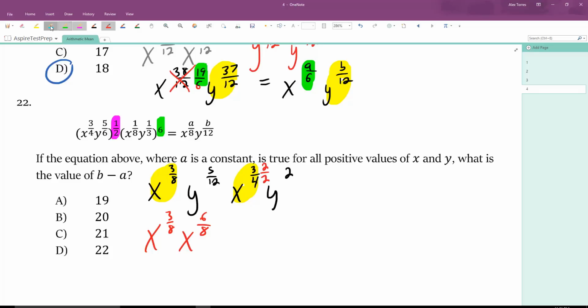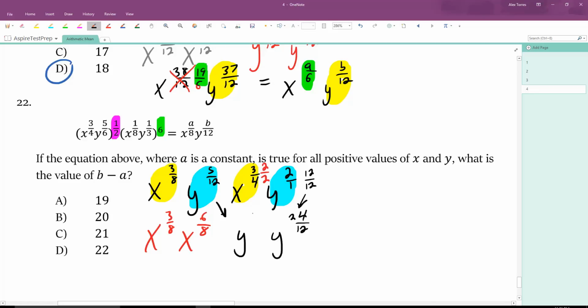We've got y to the 5/12 and y to the 2 over 1. So this 2 over 1, we can multiply by 12 over 12, and that'll give us y to the 24 over 12 right there. And here we had y to the 5 over 12.